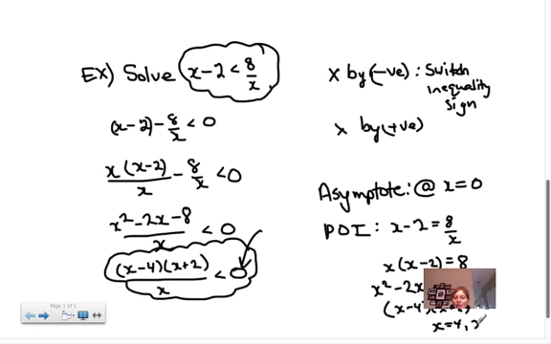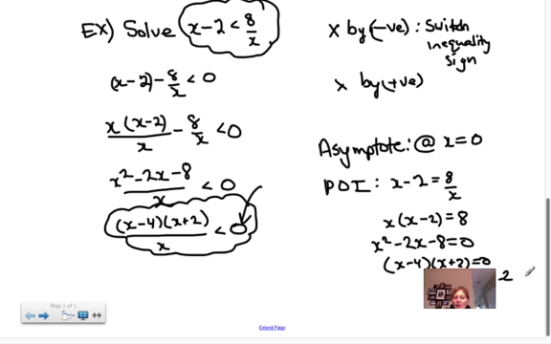So x is equal to 4, and x is equal to negative 2. Okay, so now I also have my points of intersection. So 0, 4, and negative 2 are significant points because those are the places on the function where it's going to change from being greater than or less than.